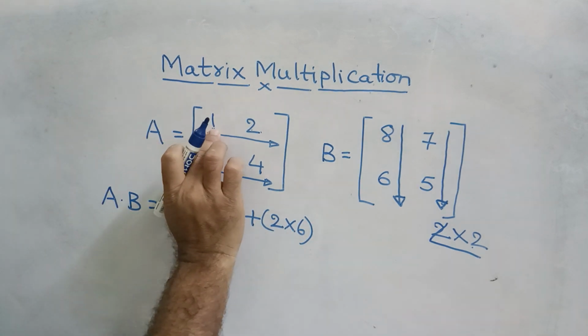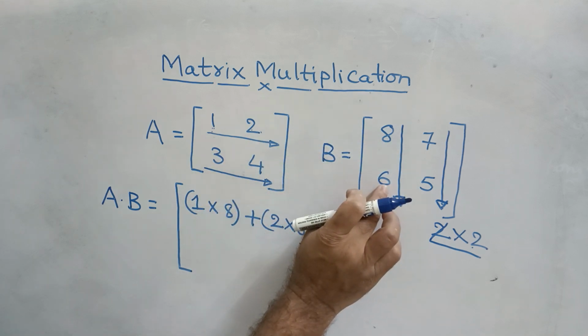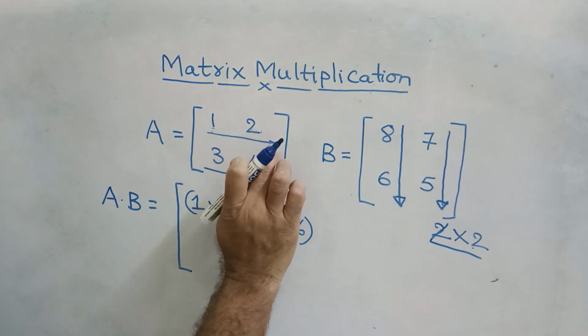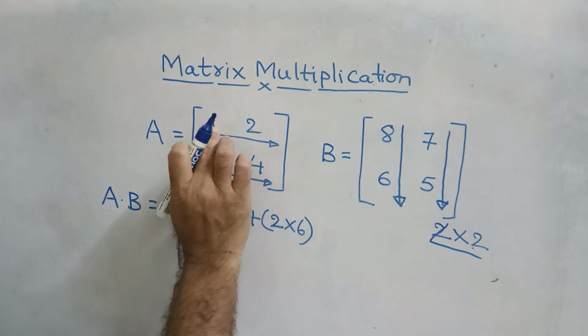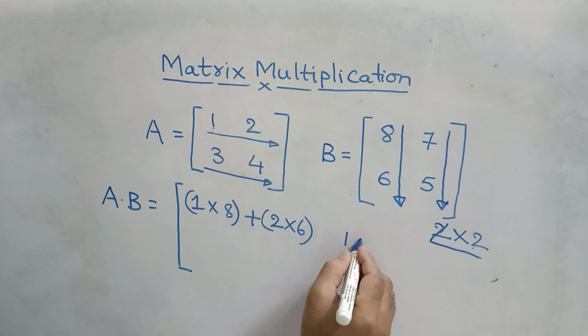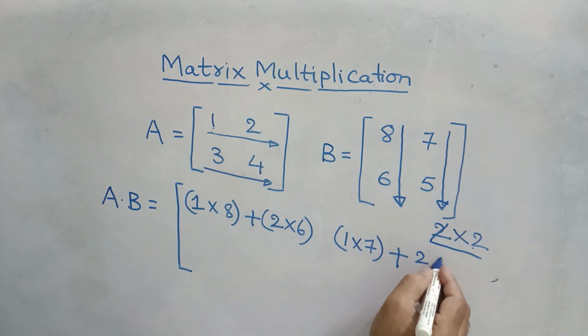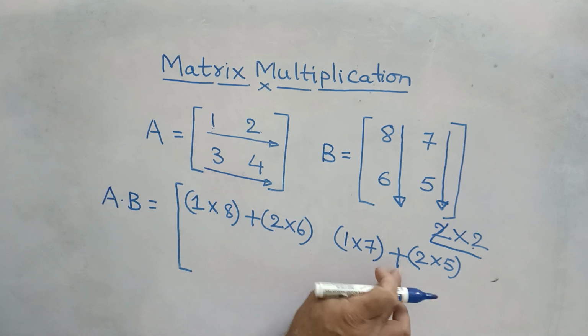So 1 into 8 plus 2 into 6. Clear? And similarly the second element: again the first row multiplied by the second column, nothing but 1 into 7 plus 2 into 5. Getting it? Very simple. That is the second element in the product.